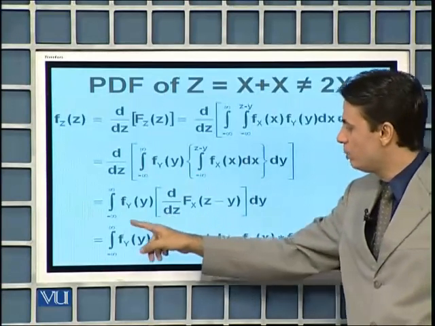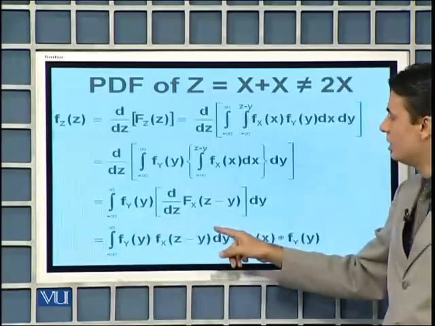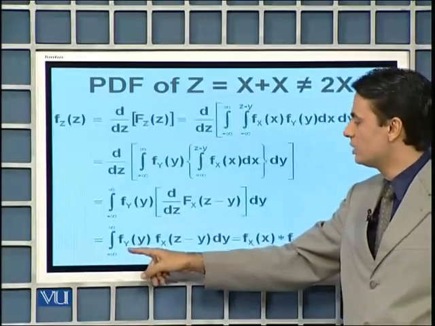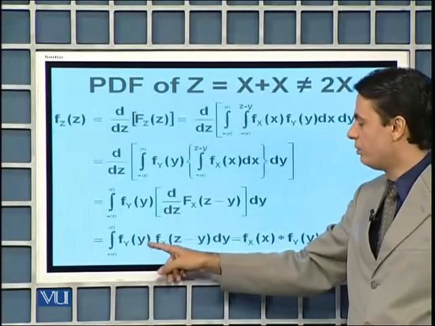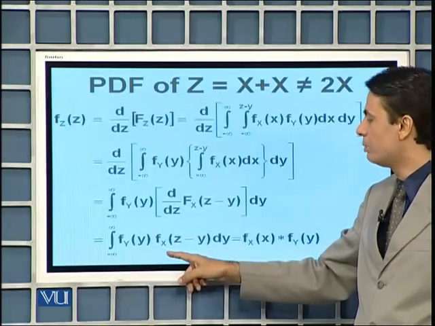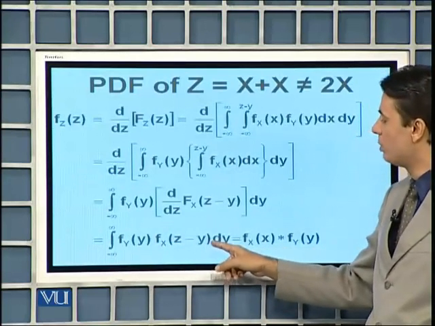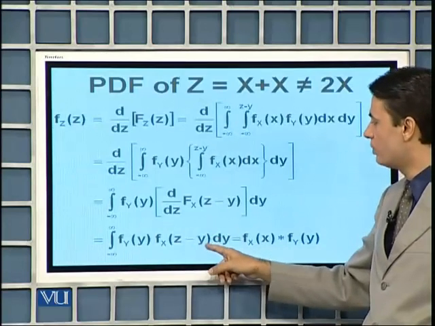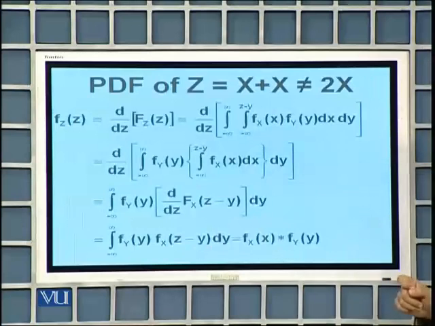So everything simplifies to this nice integral, which is integration from minus infinity to infinity of PDF of y multiplied by PDF of x, where the argument is replaced with z minus y, and the whole thing is integrated with respect to y.